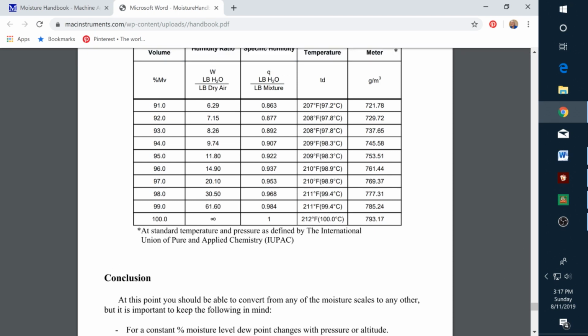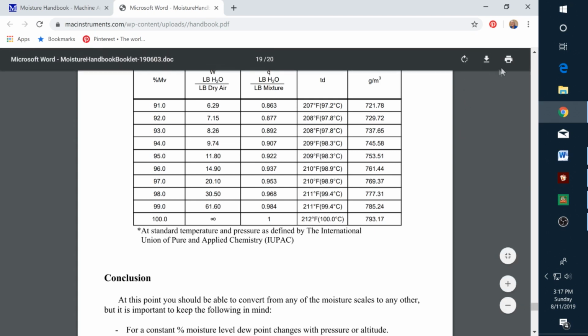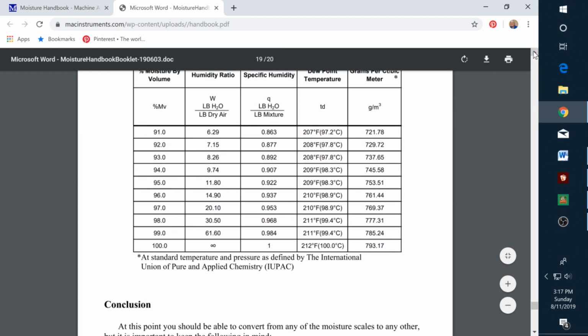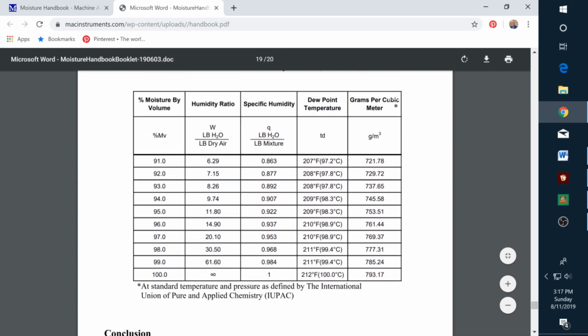And here we can see where the humidity ratio scale is not very nice at high values of moisture because it goes to infinity.